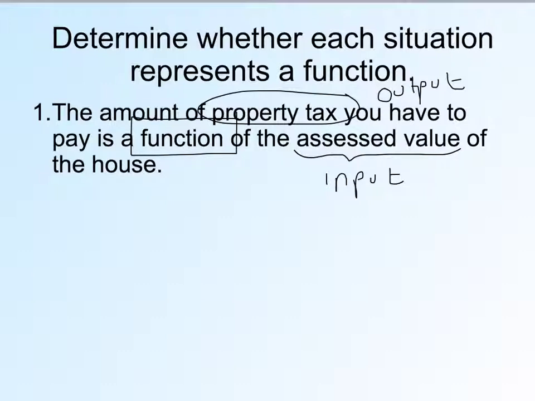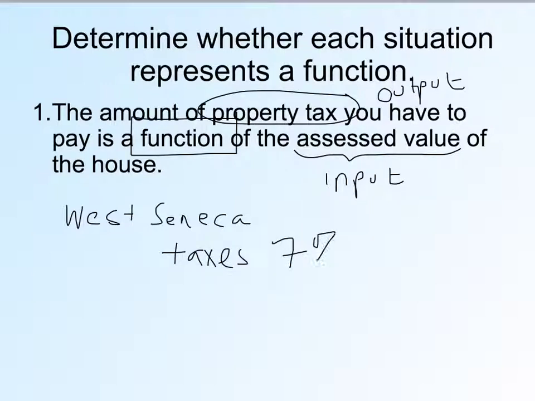And this is going to be a function. So let's think, if you live in, let's say, West Seneca, and your taxes are 7%, and it's going to be for everyone, so no matter what your assessed value of the house is, a house that's worth $100,000 times 7% is going to give you one unique value, one output.